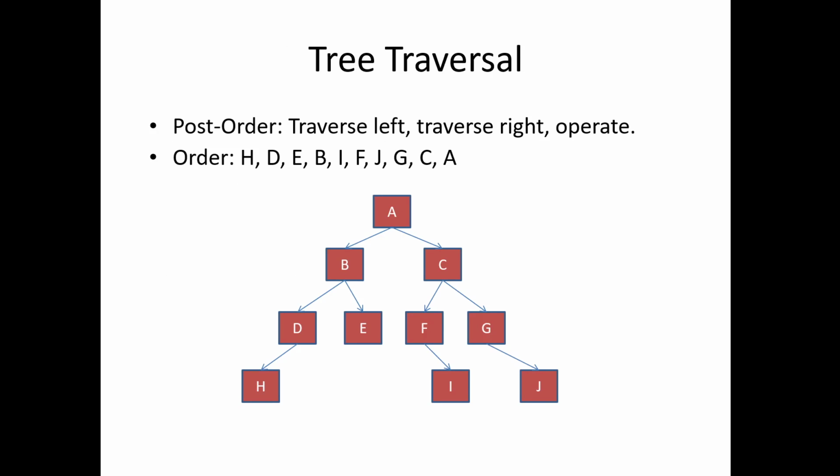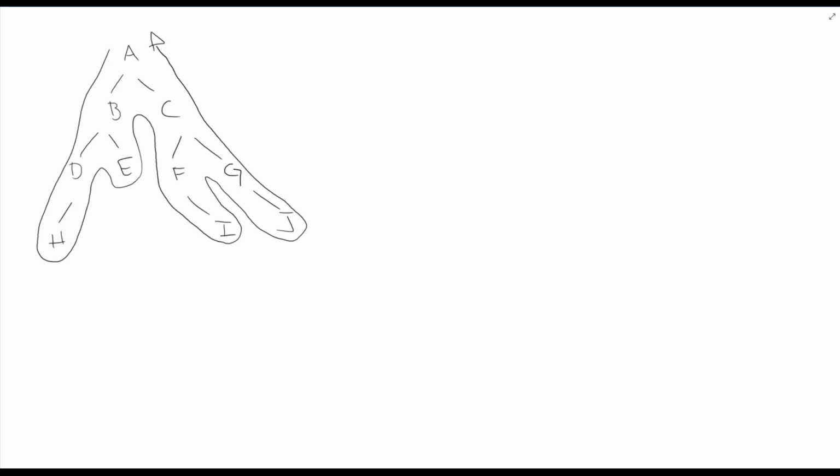Now that we've taken an example of that and had a chance to look at it, I want to show a little trick on how we can do this a little quicker. To continue this example, I want to look first at the path that all of our traversals take through the tree.